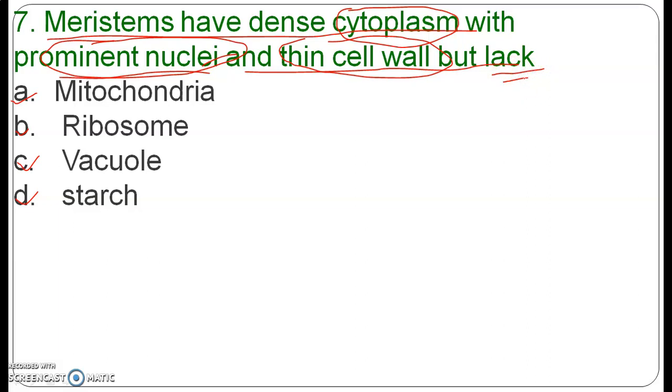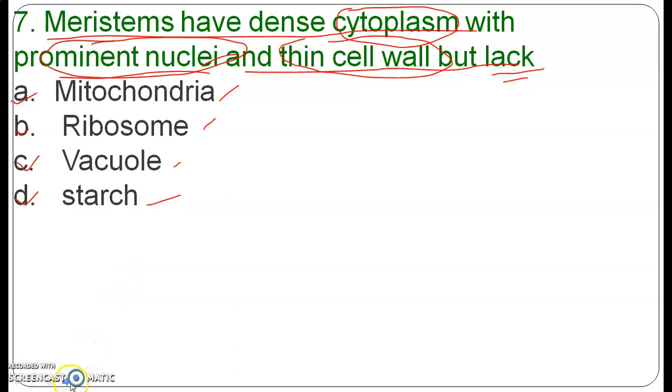The question asks which cell organelle is lacking. Options are mitochondria, ribosomes, vacuoles and starch. So take your time and mark the right answer.